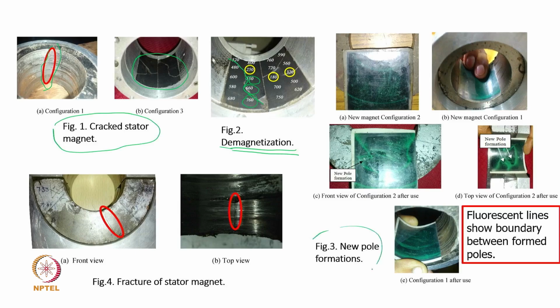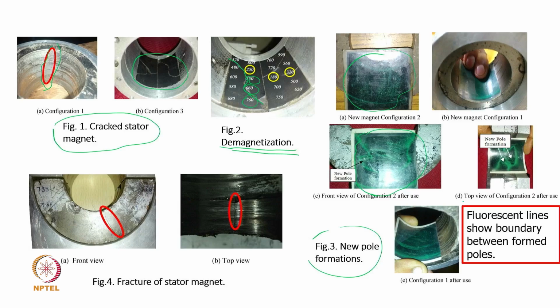Coming to the new pole formation, you can see that for the new magnet there is no green color visible, which means the permanent magnet does not have many poles in this area. But if you install the damaged magnet, you can see there are so many green color lines, which means there are some poles.